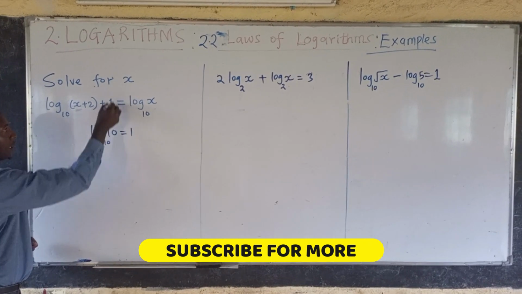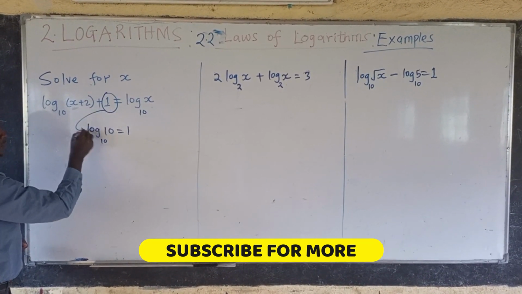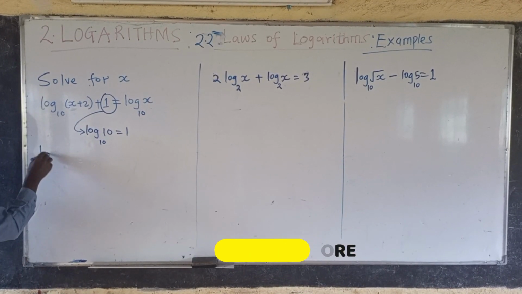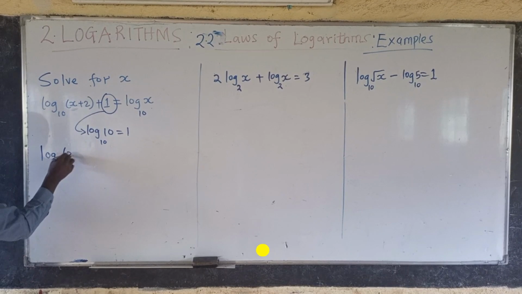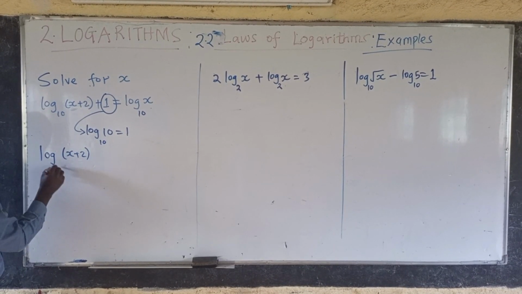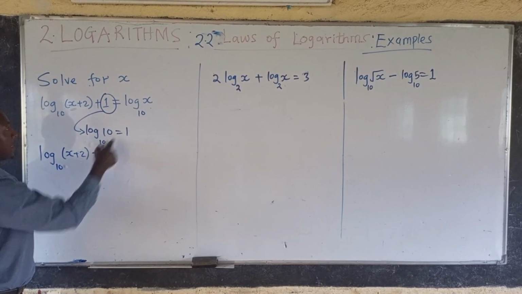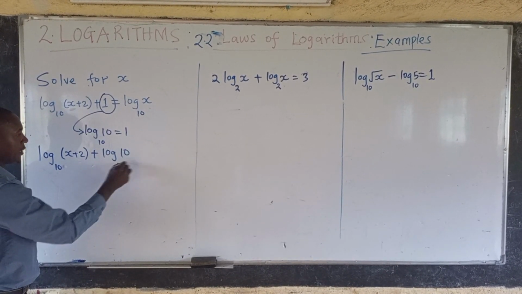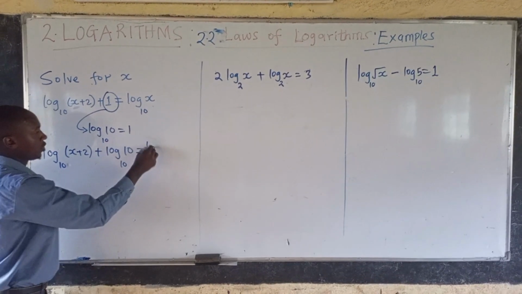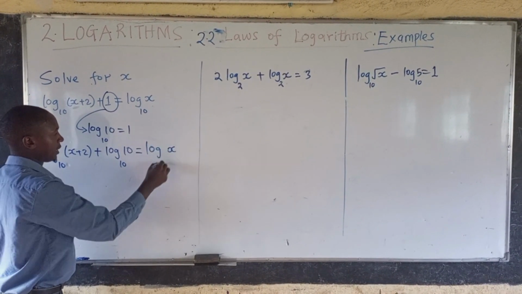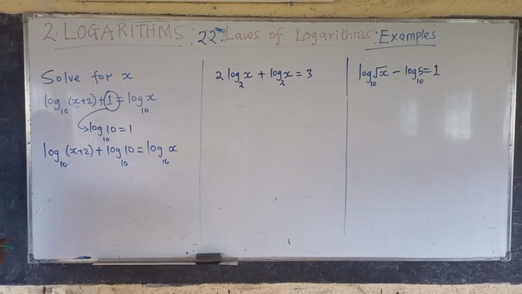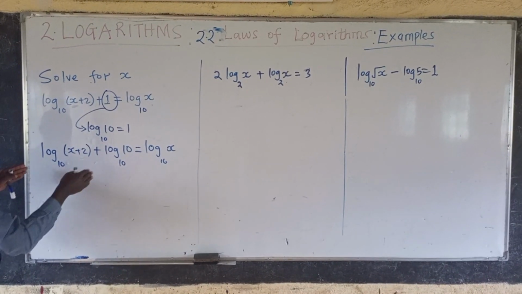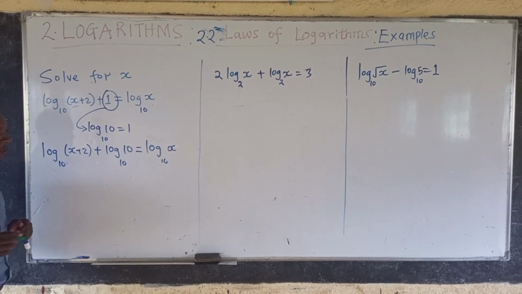So whenever we have 1, we replace it with this. We have a new equation: log of (x plus 2) to base 10, plus log of 10 to base 10, is equal to log of x to base 10. Next, we can factor out the logs on the left hand side of the equation.